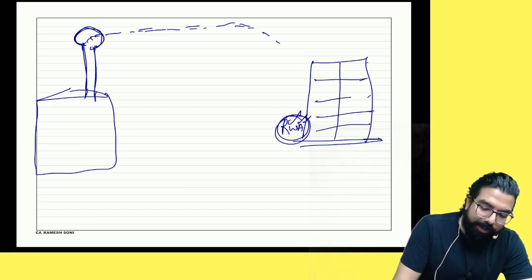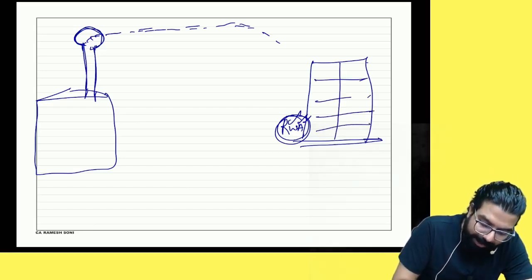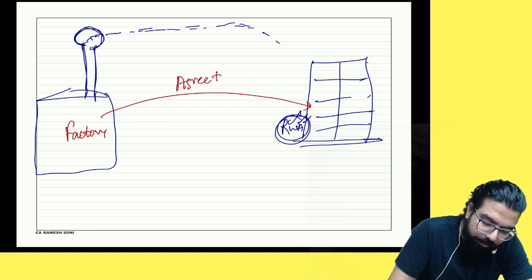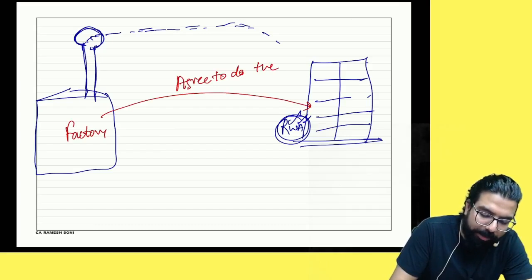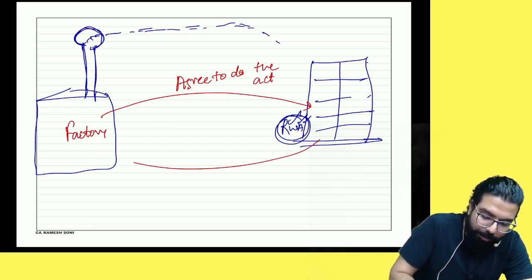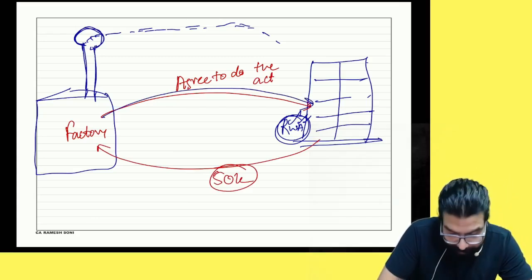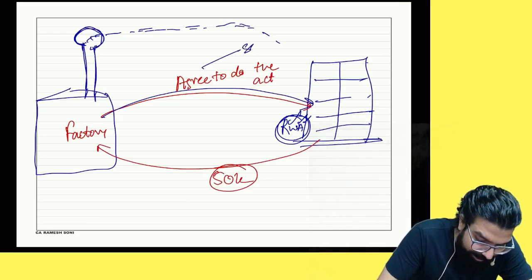So listen. This factory owner said, okay, I agree to do the act. I agree to do the act of putting a chimney. But you have to pay me 50,000 rupees. My question over here, did you agree? Did you give a service?